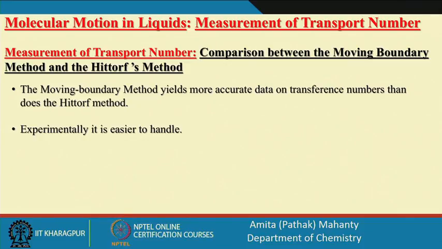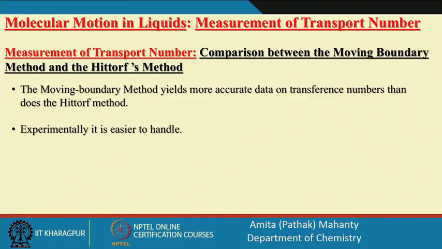We have discussed the measurement of transport number in the last two lectures, and we have introduced two methods of finding out the transport number of an electrolyte: the moving boundary method and Hittorf's method.